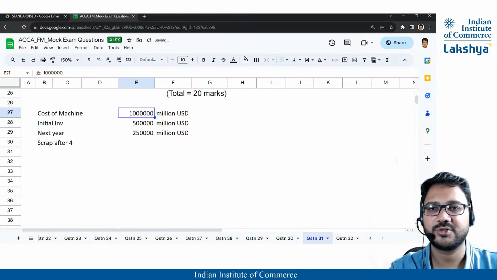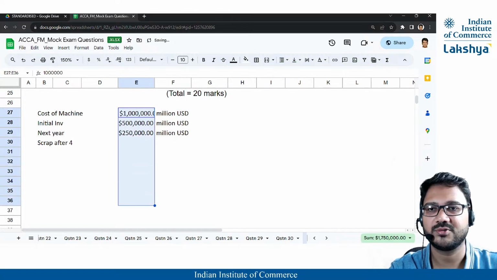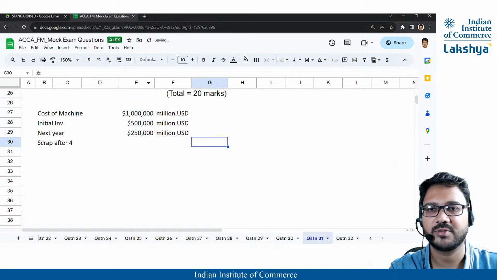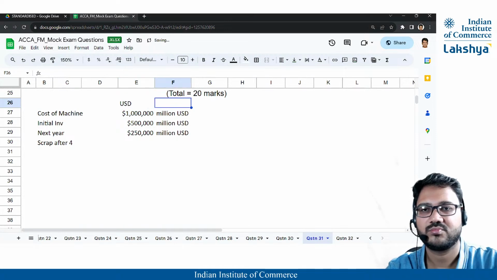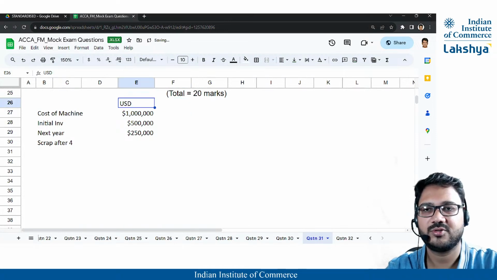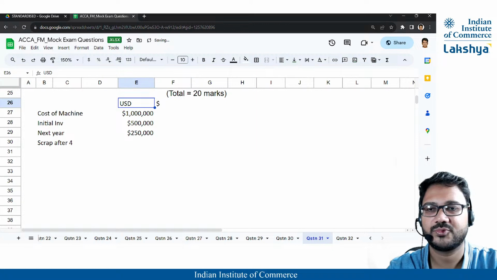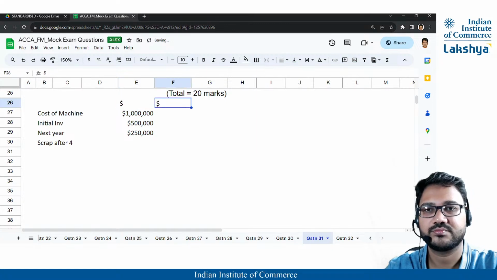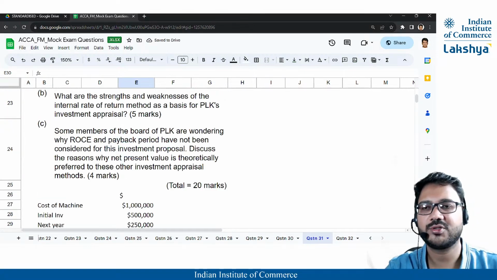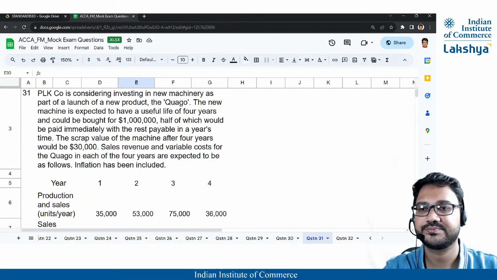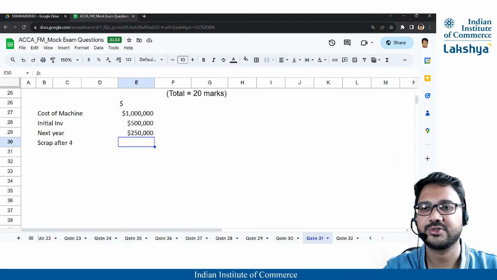Let's put it all in $1 million so I know the commas. All numbers in dollars. So scrap after 4 years was $30,000.